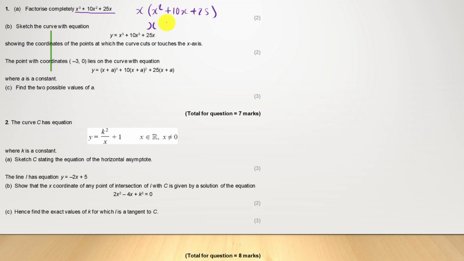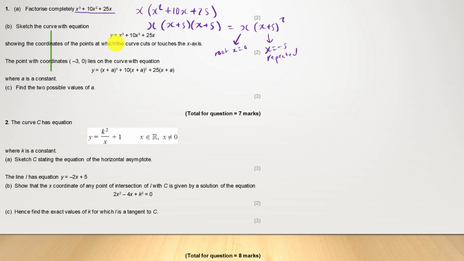So we know that's x plus 5, x plus 5, and simplify that's x times (x plus 5) squared. So we're going to get a root at x equals 0 and a root at x equals minus 5, which is repeated.